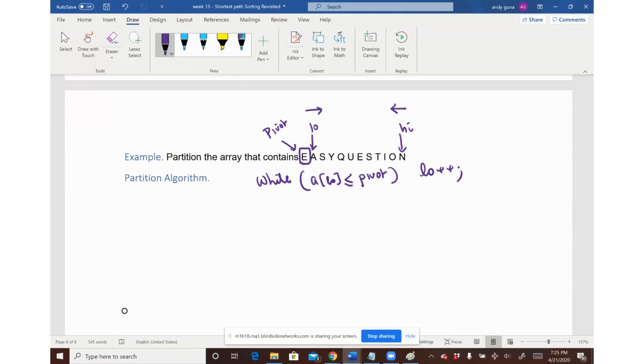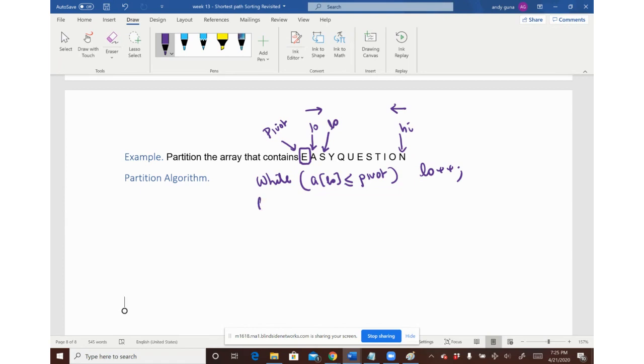So for example, when will the low stop? Which character is the low going to stop at? It's going to stop at S, because at S, it's no longer true that A of low is less than or equal to the pivot. Pivot is E, right? So A is the only thing that's smaller.